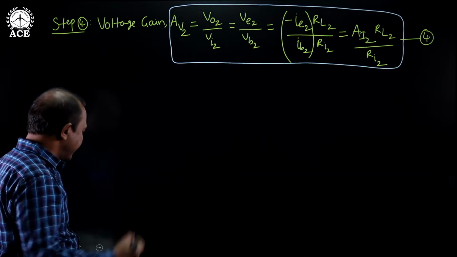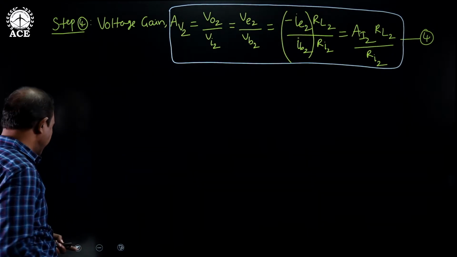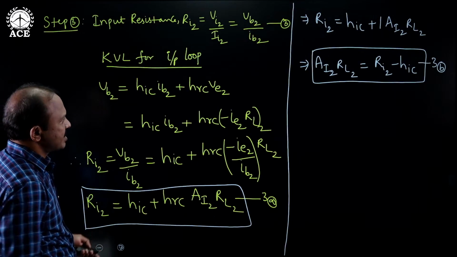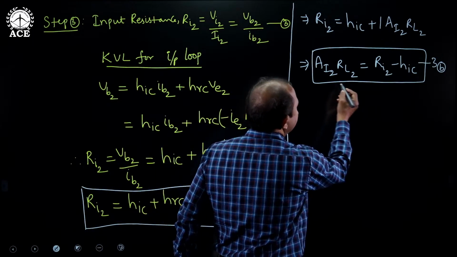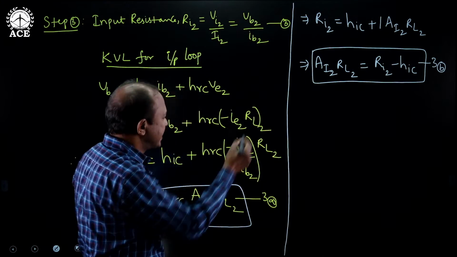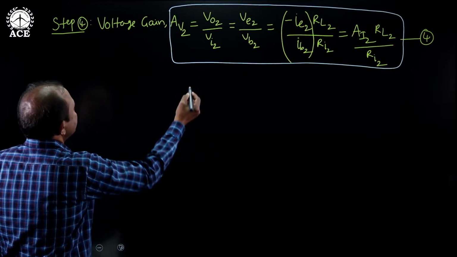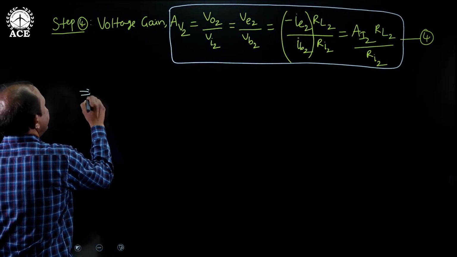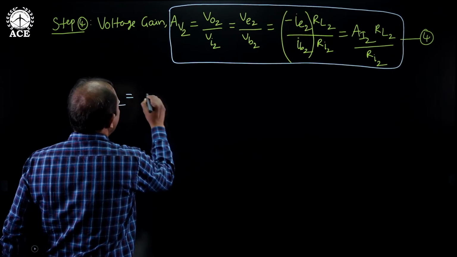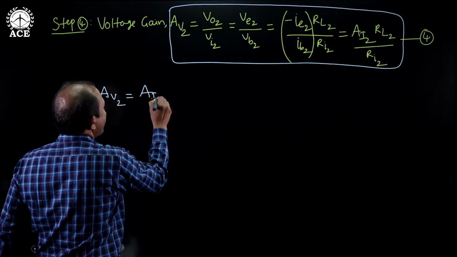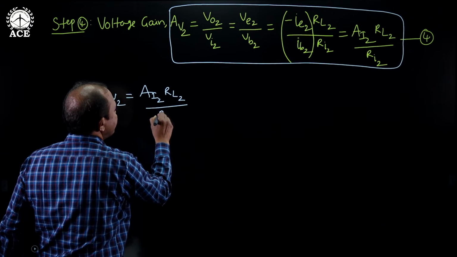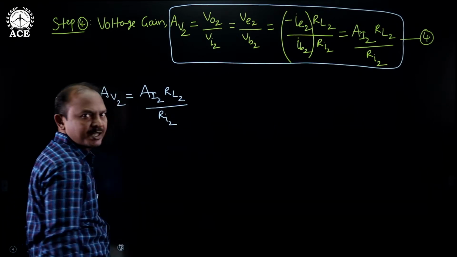However, we can simplify this equation for our future requirement. That is, let's go back to the previous equation 3b here. AI2 RL2, we got it as Ri2 minus HIC. I will use that relation in the present case. Since AV2, we got it as AI2 RL2 by Ri2 is the formula we got as accurate equation.